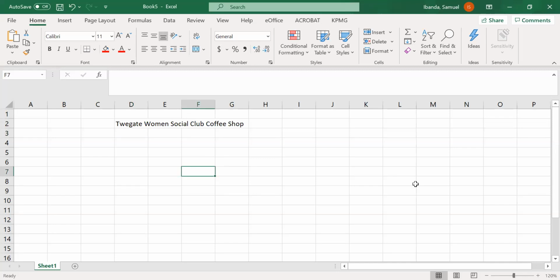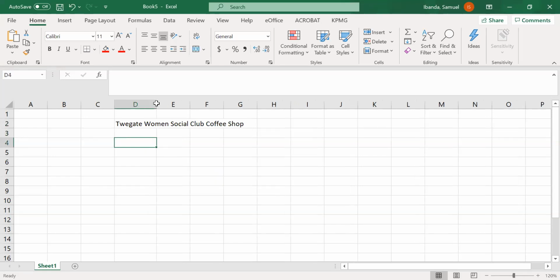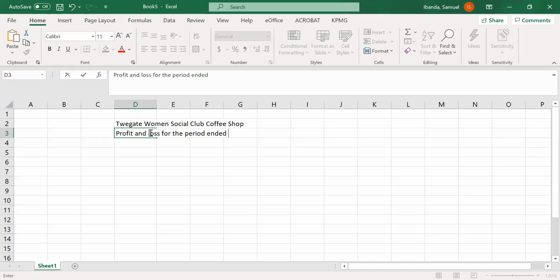Once we have that coffee shop, we can now look at the details. Remember what we do when we are doing our profit and loss for the period ended 31st December 2020.